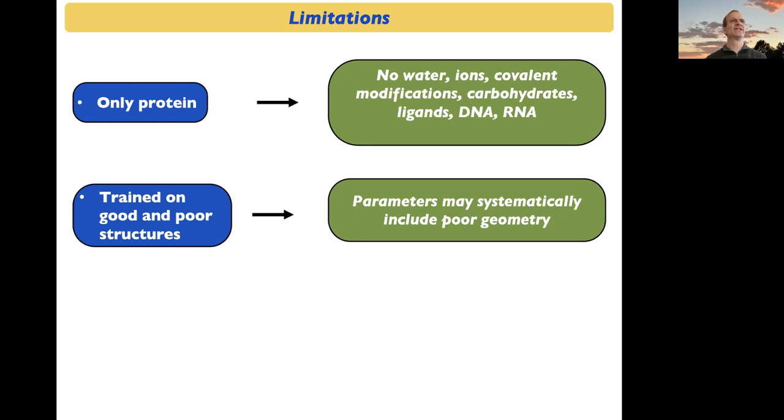I didn't mention exactly how that training works, but basically the training involves generation of parameters that lead to structures that look like the proteins in the PDB. So this means that if there are some systematically poor structures in the PDB, maybe in some category of protein, then you're going to get back those systematically incorrect aspects. So you don't expect it to be perfect.